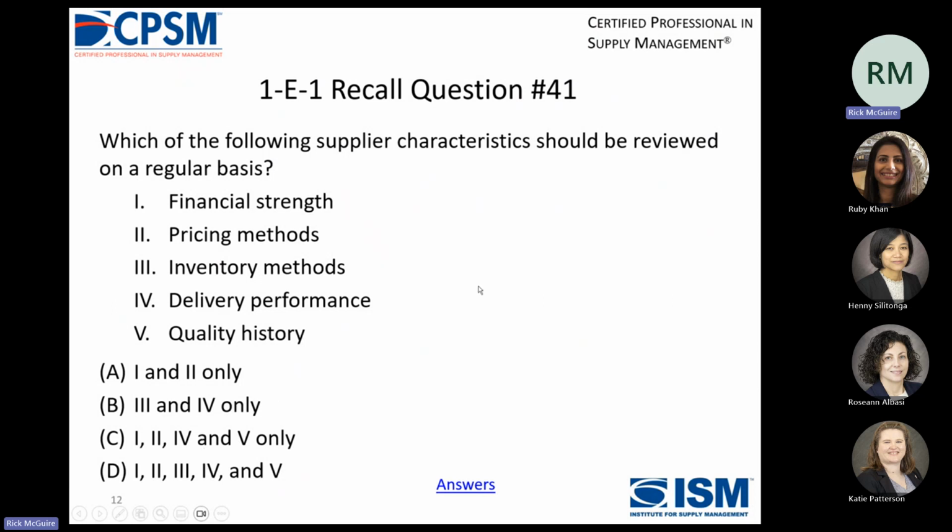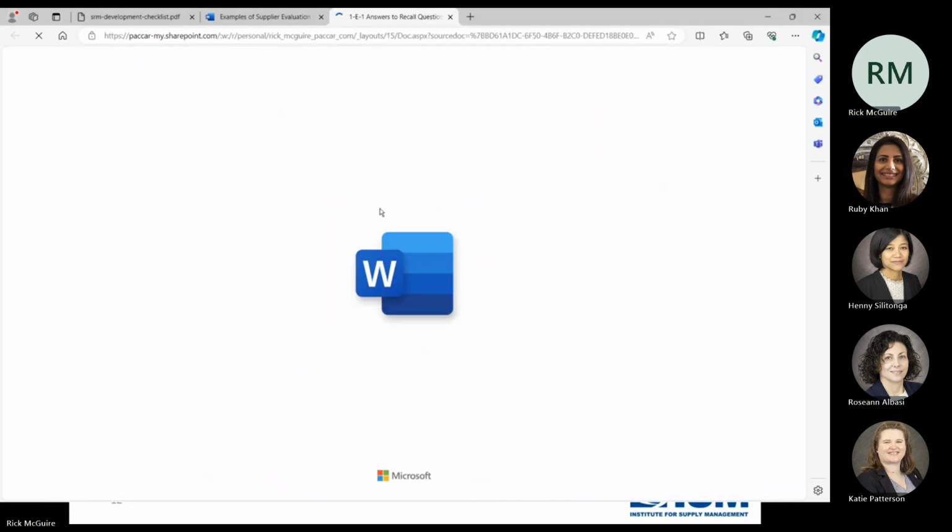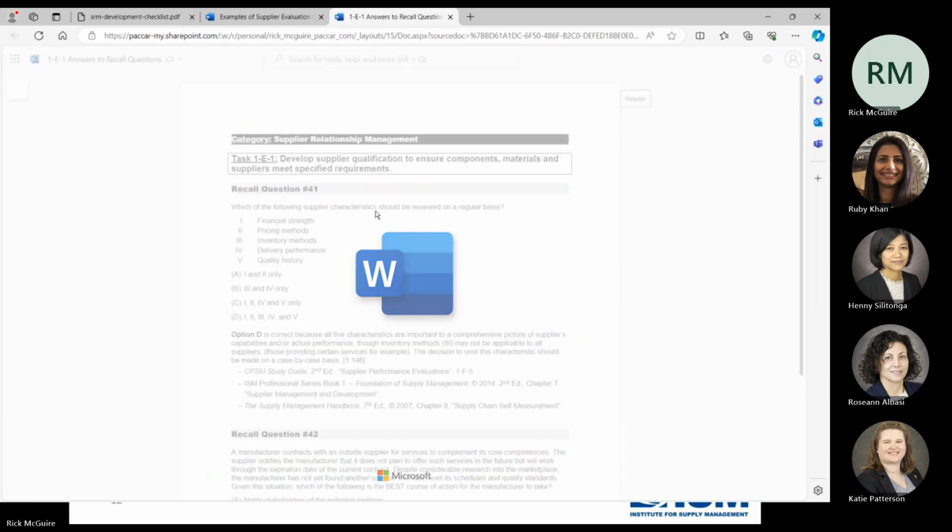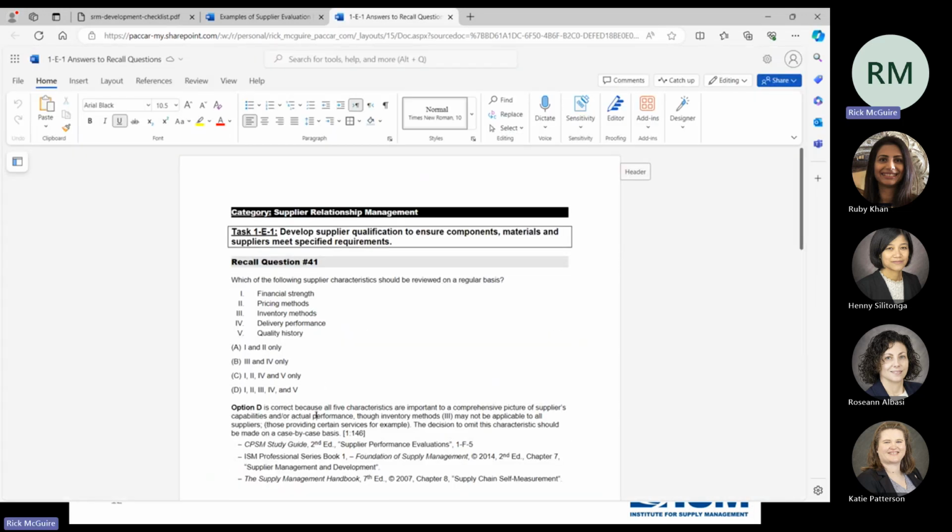Now I'm down to C and D. What's the difference? Inventory methods is not in C, and they're all in D. So this falls under the category of pick the one that covers the most ground. That's usually right. So D encompasses them all. Let's go with that. D it is. It's just the way it works with ISM.